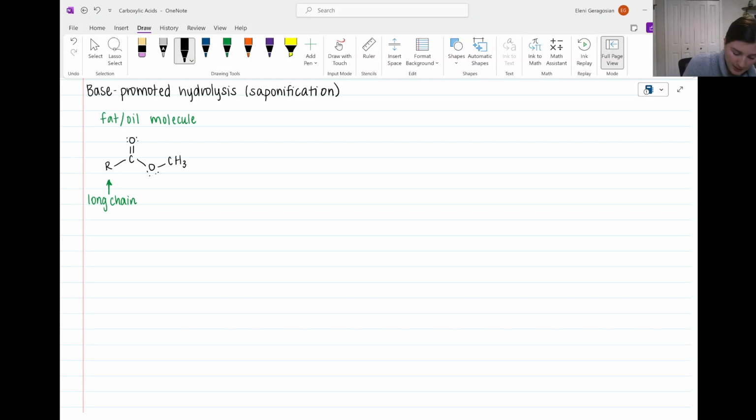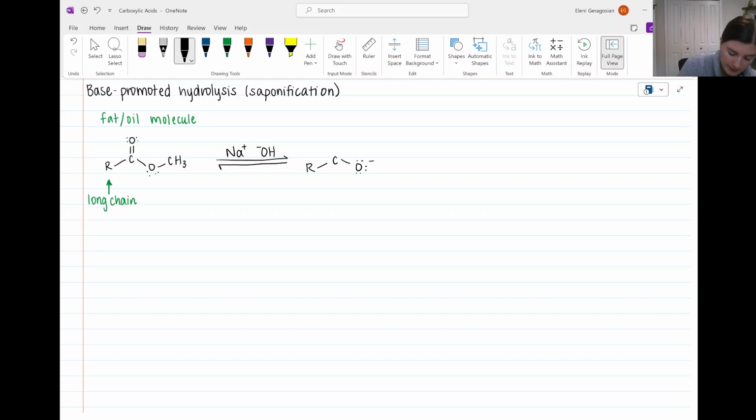If a molecule such as this is exposed to a strong base like sodium hydroxide, then this reaction, although reversible, will form what we call a carboxylate salt, where this oxygen, instead of being bonded to a methyl group, is just negatively charged.